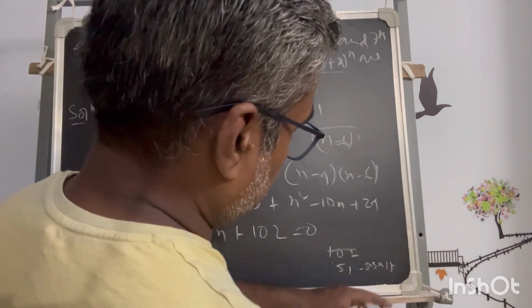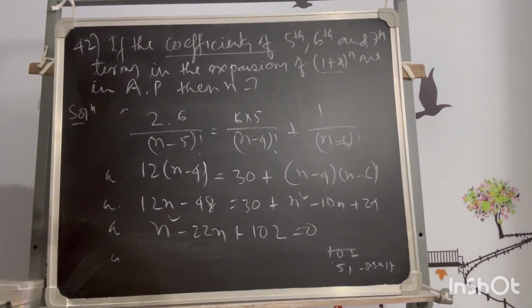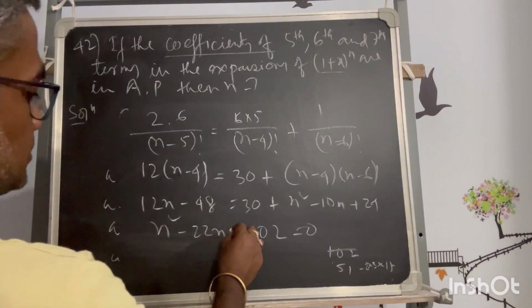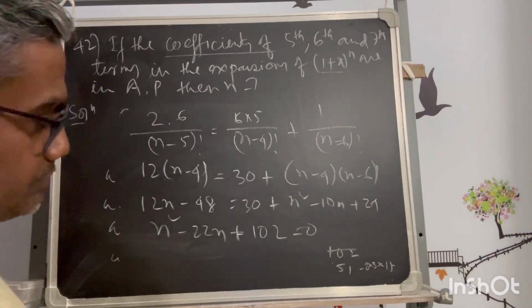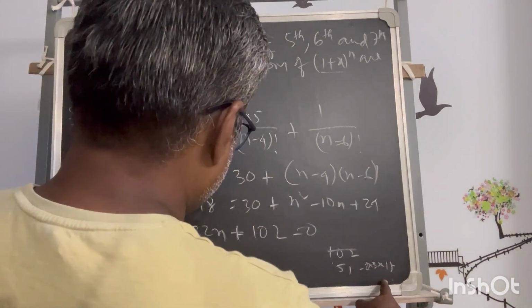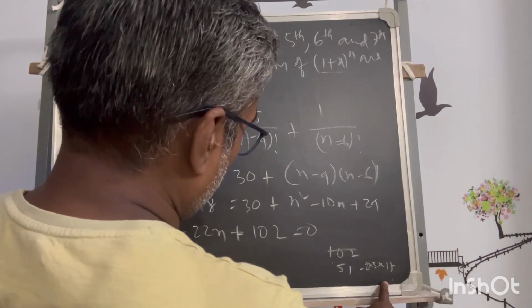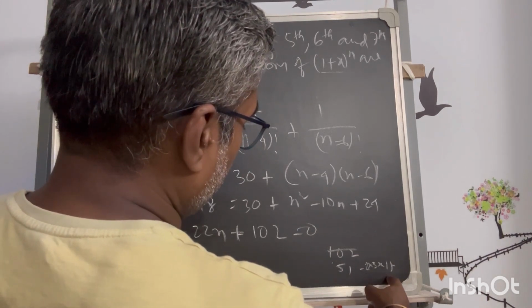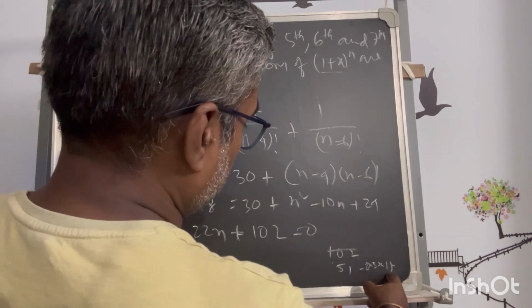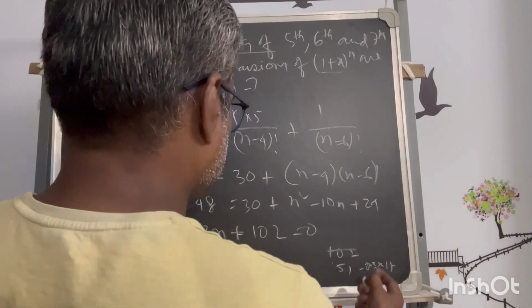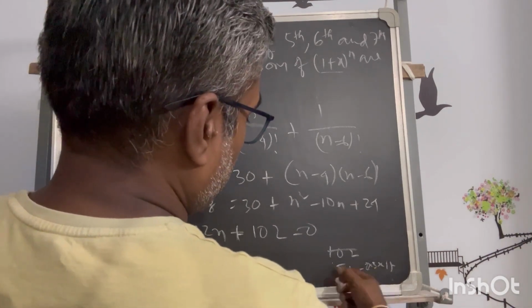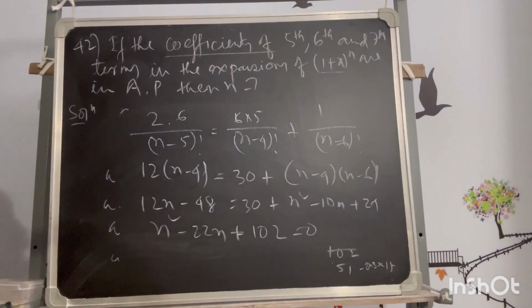So 6 into 17 is coming. So this cannot be factorized. Whether it can be factorized: 6, 17, 23. 6 into 17, so this is 34 minus 3, this cannot be done. Now a real solution is coming.